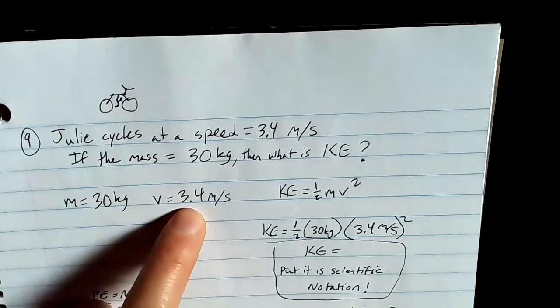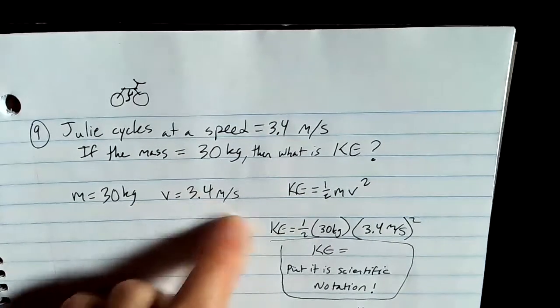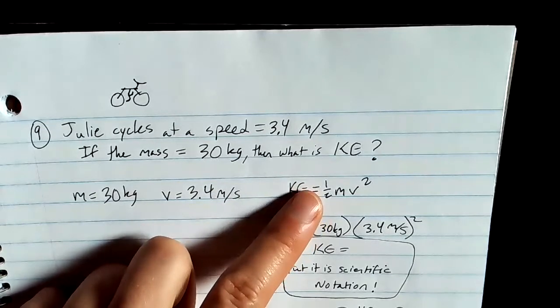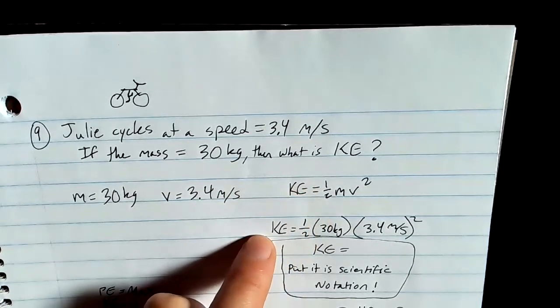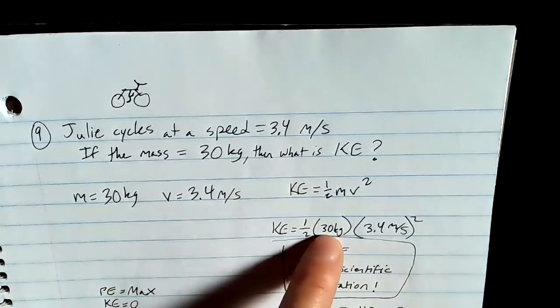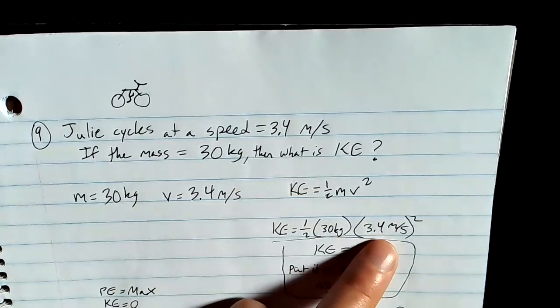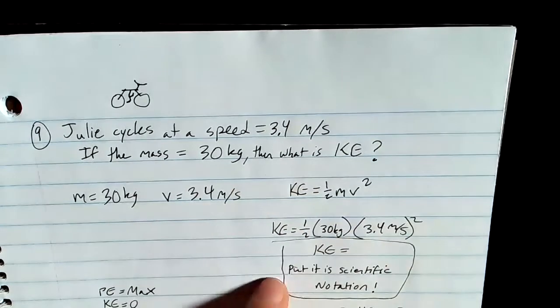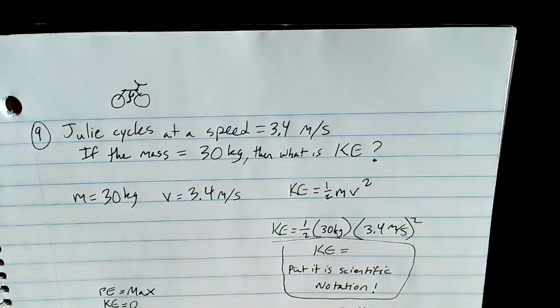We have m, we have the velocity, and we have the equation for kinetic energy, 1/2 times mass times velocity squared. All you need to do is plug in the numbers: 1/2 times 30 kilograms times 3.4 meters per second, and you square that. You get the kinetic energy, and make sure it's in scientific notation.